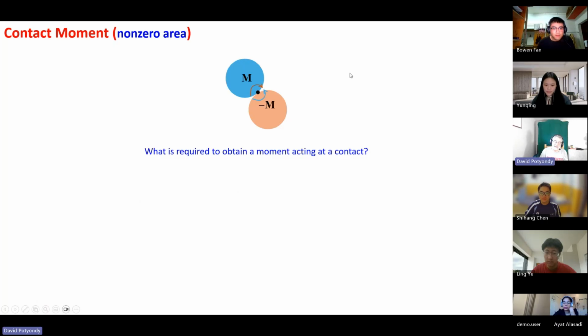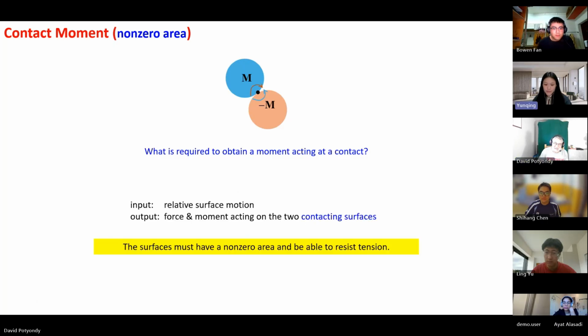And that's because you need to resist a bending moment. So let's take a look at this thing. Think of it this way. We have a current state of the system. There's no moment. And now we're going to move. There's going to be motion. So there's going to be relative motion of the two sides of those things that are touching. And then we have to update this moment.